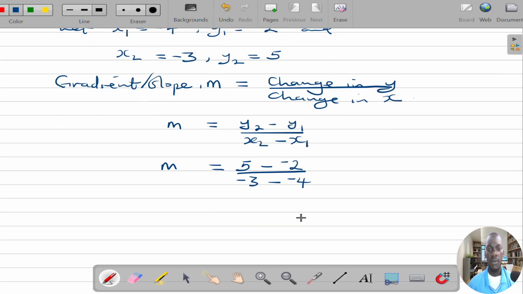As we simplify further, a negative and a negative gives a positive, so we have 5 plus 2 divided by -3 plus 4.